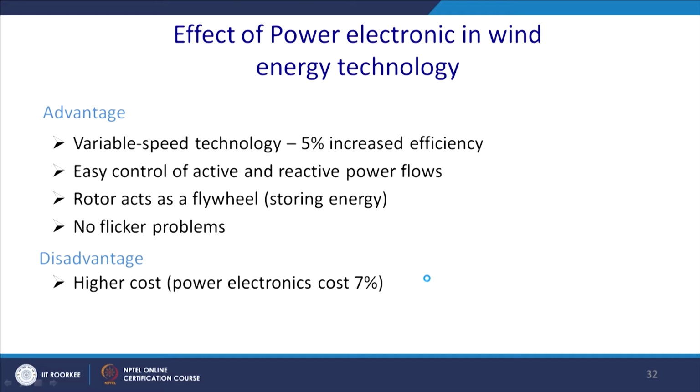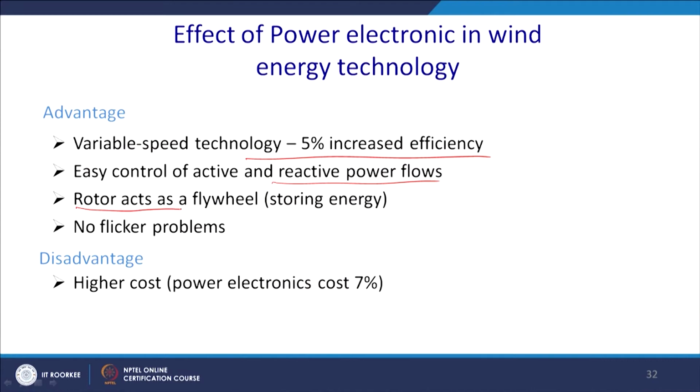With variable speed technology, a 5% increase in efficiency is quite possible because of soft switching and other modern power devices. There is easy control of the active and reactive power flow, because we may have FACTS devices that can control the flow of reactive power and real power through the transmission line.